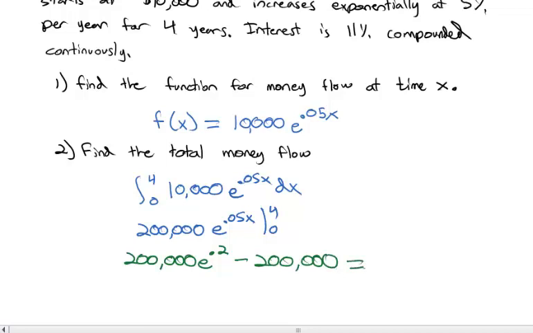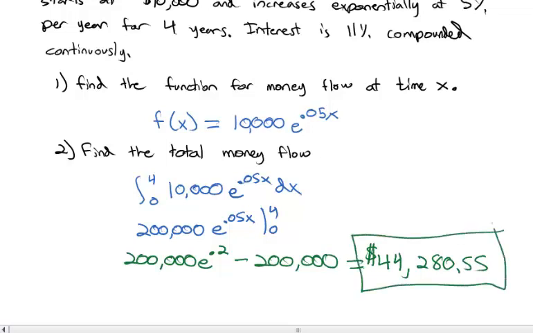And so for total money flow, 200,000 e to the 0.2 minus 200,000 is going to be $44,280.55. That is the amount that is going to come in over the next 4 years. That's the total money flow.